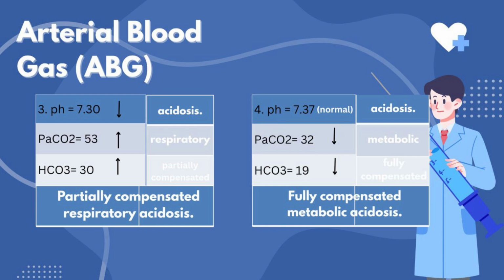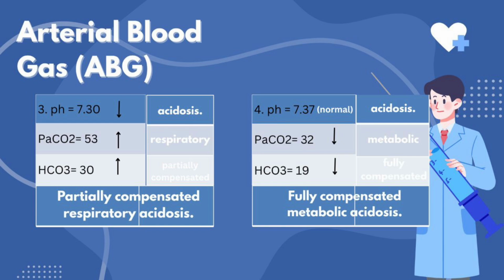Step 3, for compensation, bicarbonate is also high. The kidneys are producing more bicarbonate, a base, to try to fix the acidosis. But pH is still below normal, so the correction is not complete. So the answer is partially compensated respiratory acidosis.